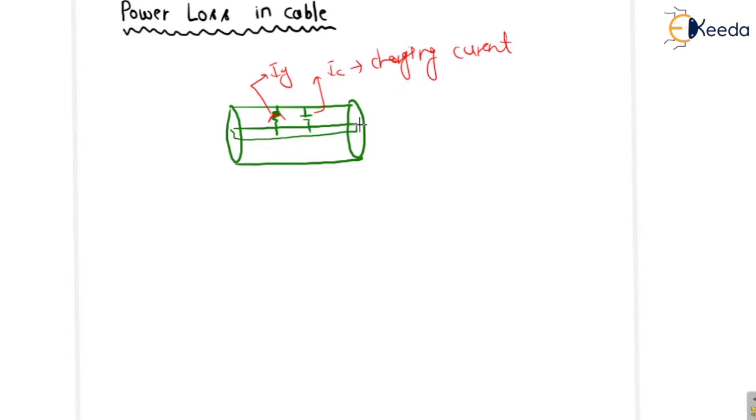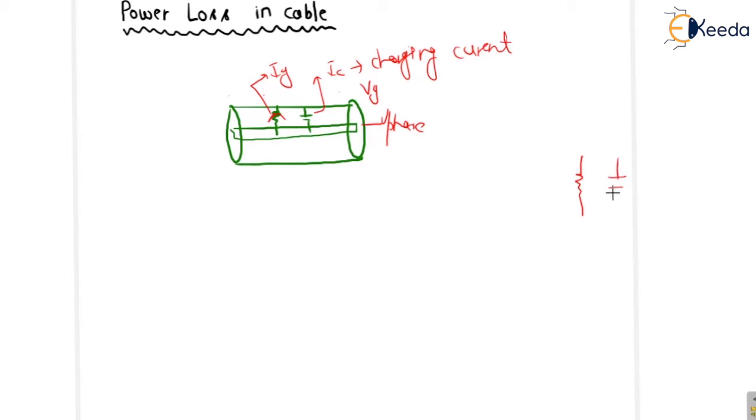Let us assume this is the V phase and this is ground, V ground, because the cable will be in ground basically. So when we draw the circuit, the capacitor and resistor are in parallel.